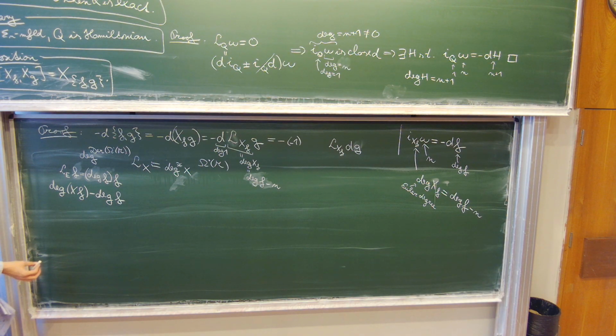This is my definition of deg. Maybe it's easy to act by the Lie derivative on x applied to f, and then it will follow from the commutator.